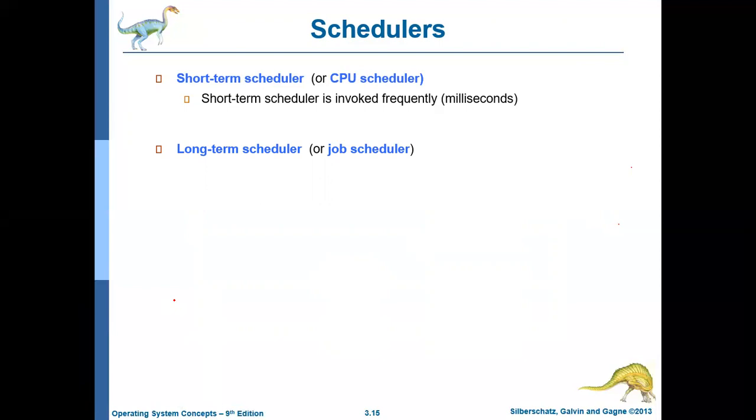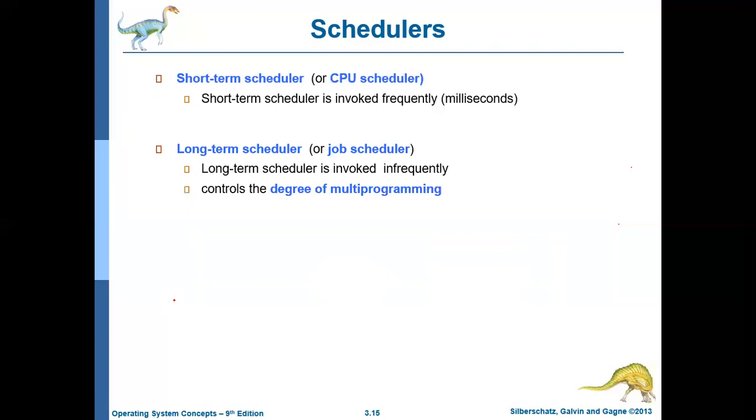The long-term scheduler decides the degree of multi-programming, and it will not be invoked frequently, so it need not be as fast as the short-term scheduler. Multi-programming means how many processes can run simultaneously, and that is decided by the long-term scheduler.